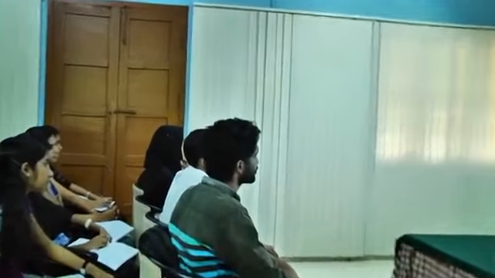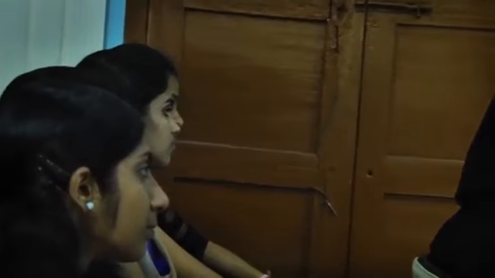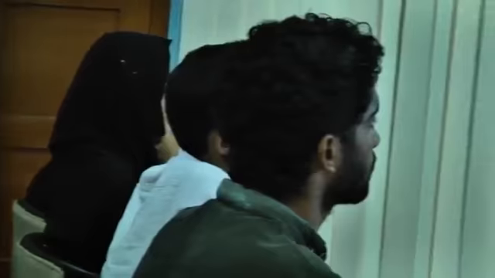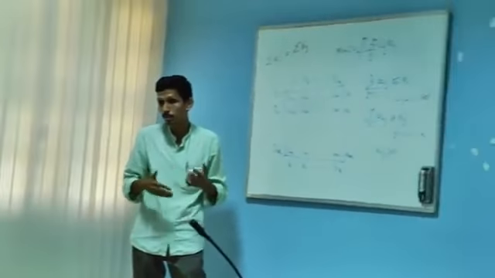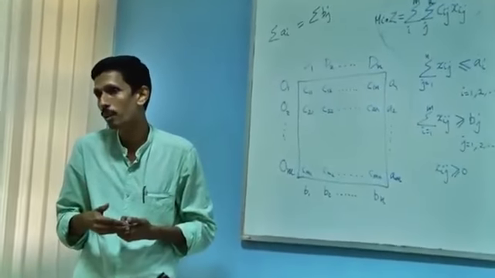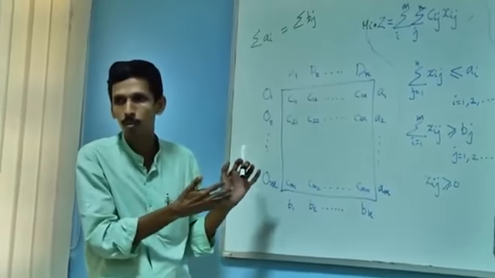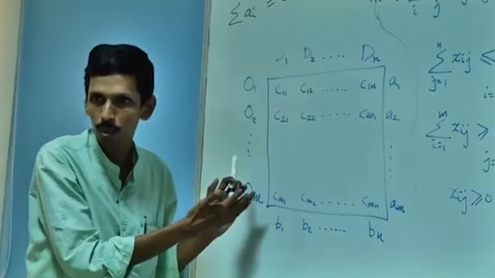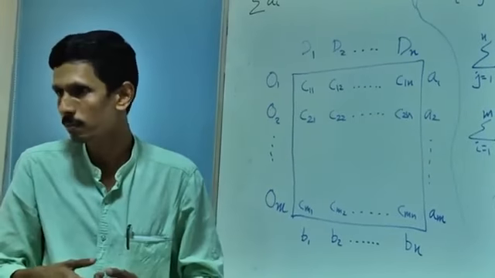Now let us consider this as balanced. Let us limit our discussion to the balanced transportation problem only today. We can see how we will find some initial solutions. There are two steps we require. First of all, just like a linear programming problem, we will fix an initial solution, then we will move to optimality.